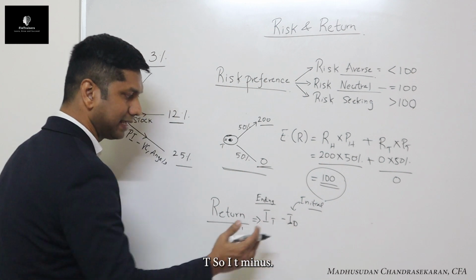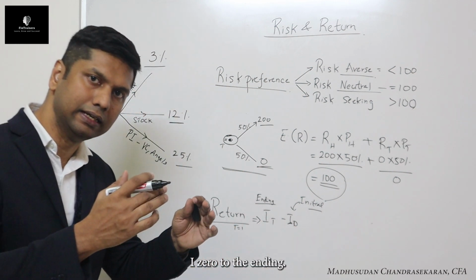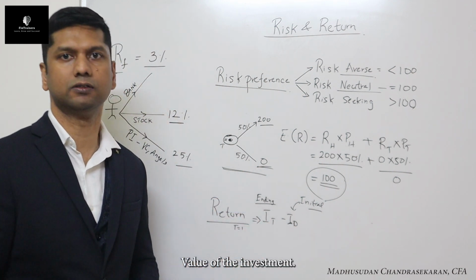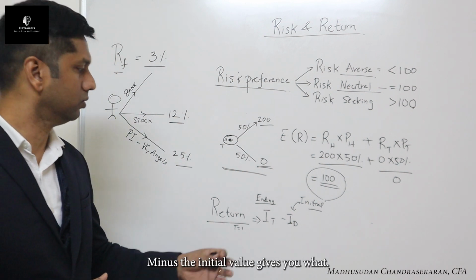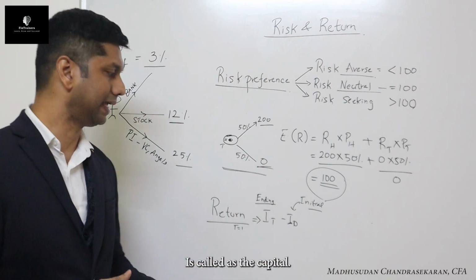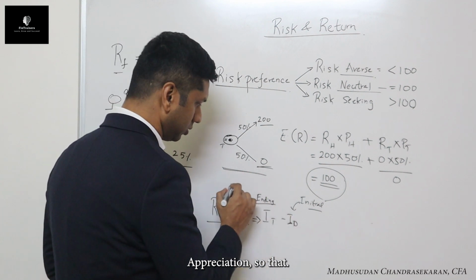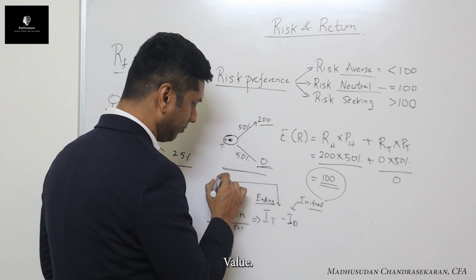So IT minus I0, the ending value of the investment minus the initial value gives you what is called the capital appreciation. So the capital has gained in value.